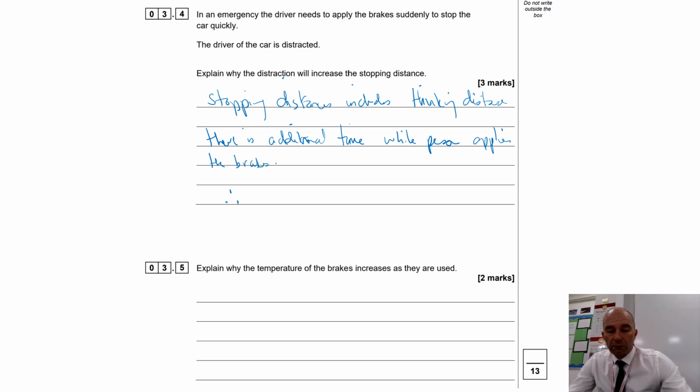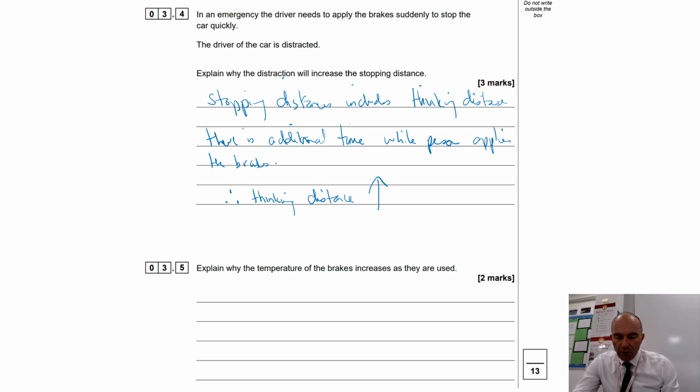Therefore, thinking distance will increase. And there's your third mark. So, stopping distance, thinking distances, braking distances always come up on paper 2, so it's well worth making sure you're happy with it.